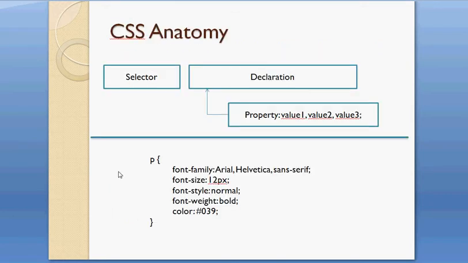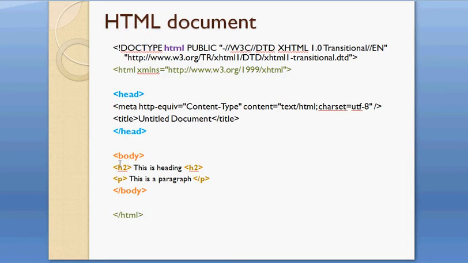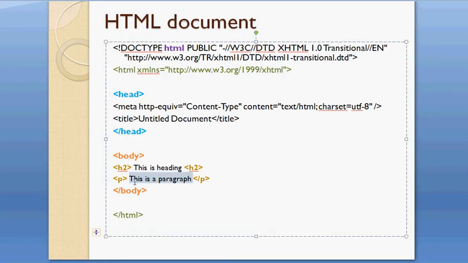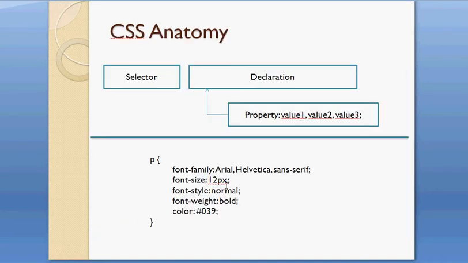Now CSS. To change the properties of the paragraph, we see here this is a paragraph, and the color is black, but if you want to change it, this is what the CSS anatomy looks like. The selector is P. The declaration is everything inside these curly braces, with the properties and the values.